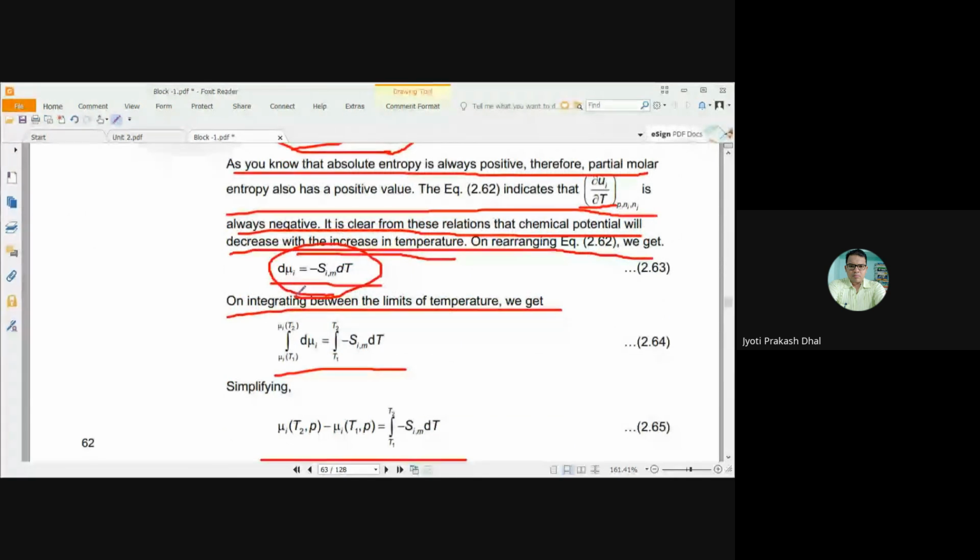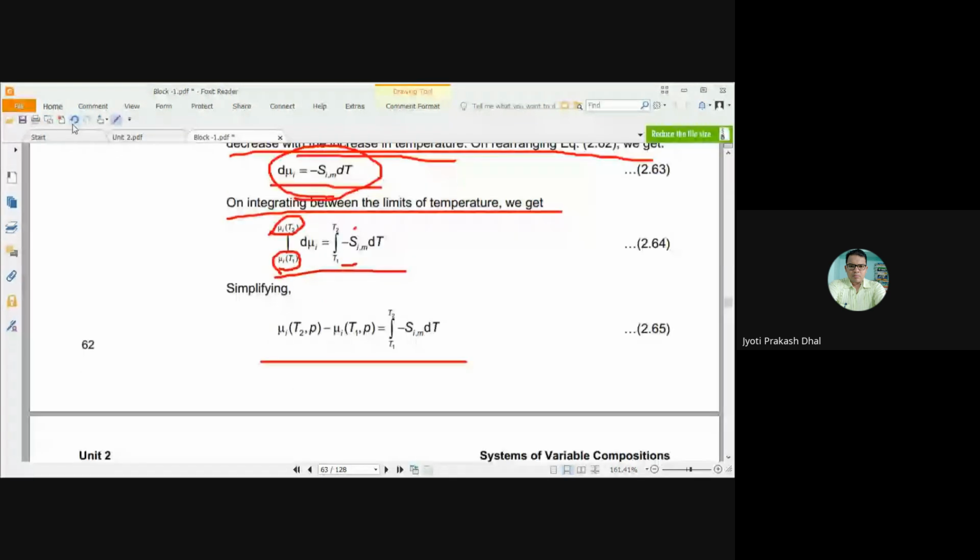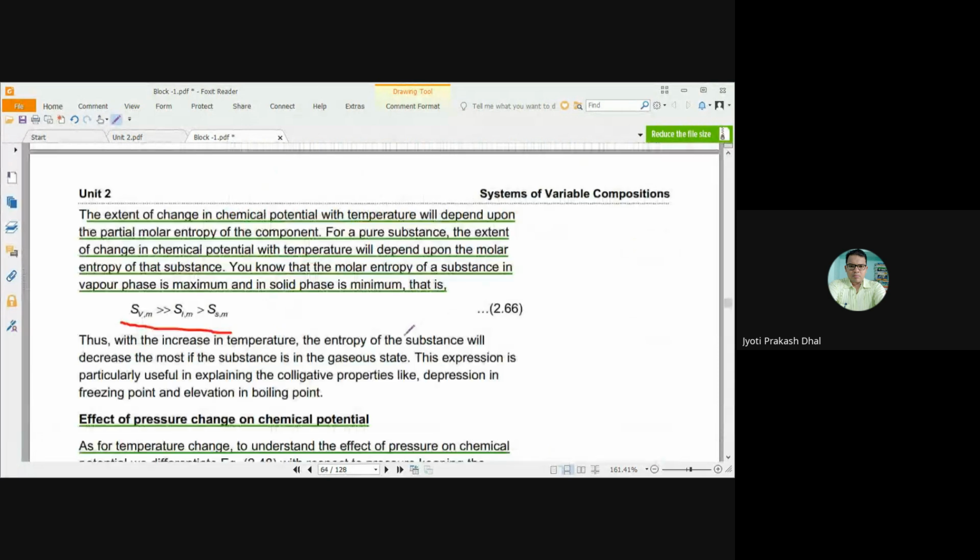Now on integrating equation 63 with proper limits, integration of dμi from μi at temperature T1 to μi at temperature T2 equals integration of minus Si,m dT from T1 to T2, and simplifying, the LHS will become μi(T2, P) minus μi(T1, P), which equals integration of minus Si,m dT from T1 to T2.